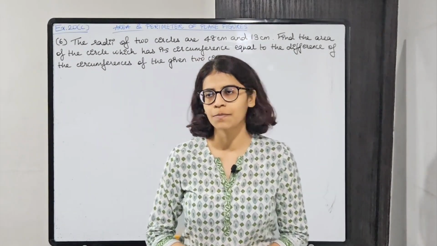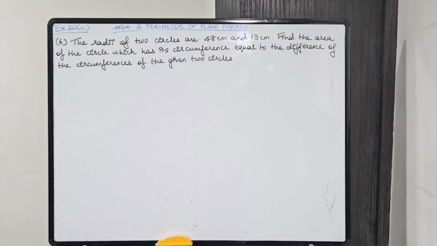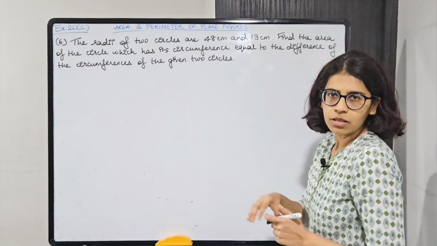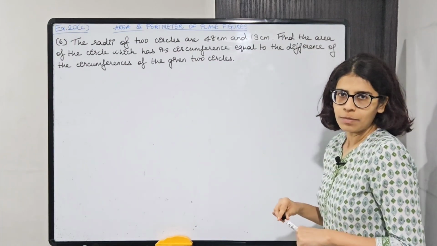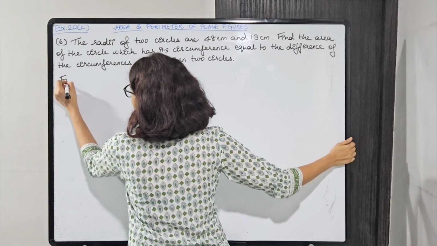Question number 6. The radii of two circles are 48 centimeter and 13 centimeter. Find the area of the circle which has its circumference equal to the difference of the circumferences of the given two circles. There are two circles whose radii are given. So let's number the circles.